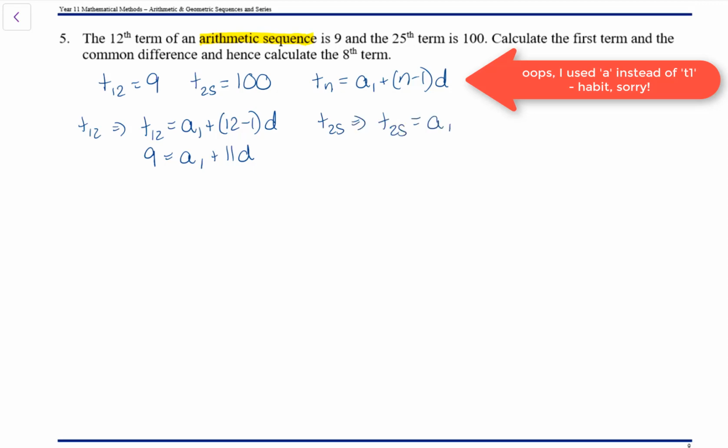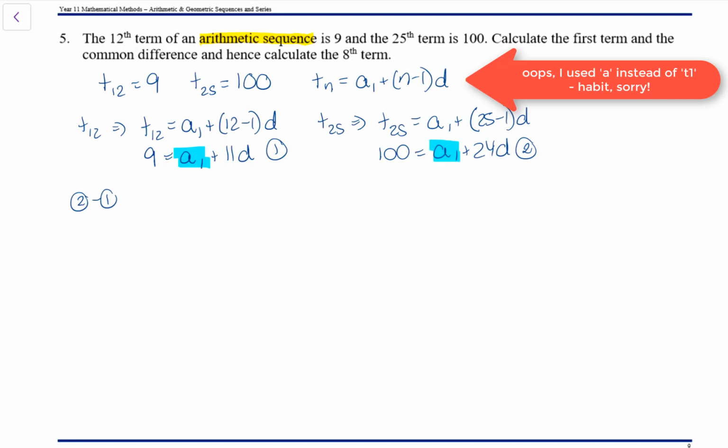T25 is going to equal A1 plus 25 minus 1 times by d. The 25th term is 100, so 100 equals A1 plus 24d. Equation 1, equation 2 that we need to solve. I'm going to subtract them because I can see that I have A1 in both.